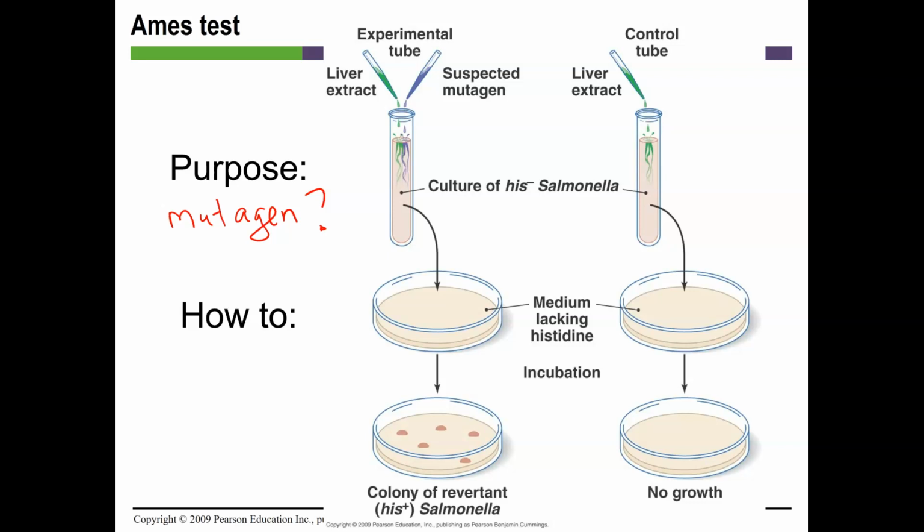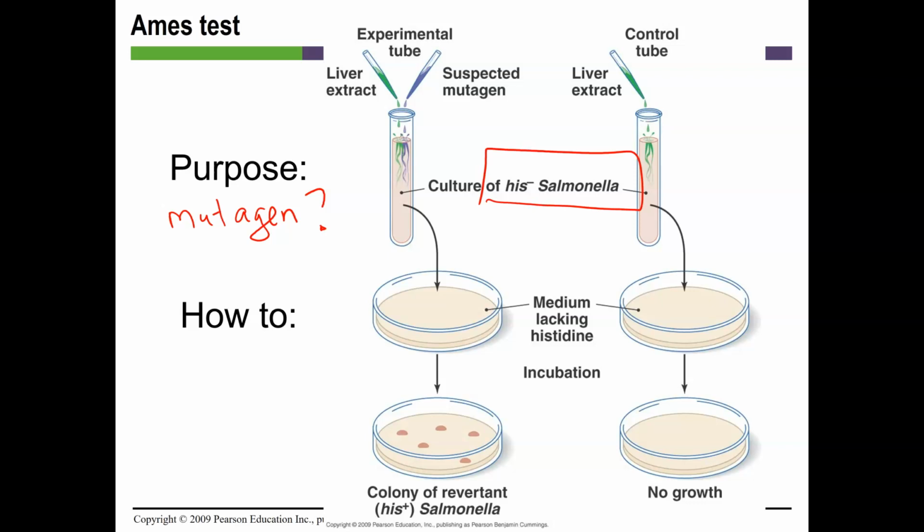This test is called the Ames test after the scientist who developed it. It requires a Salmonella strain that's an auxotroph for histidine. It can no longer make its own. The wild type can. The reason it can't make histidine is due to a missense mutation in one enzyme in the histidine synthesis pathway.